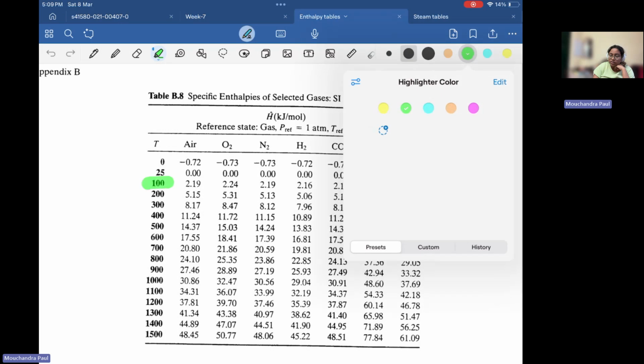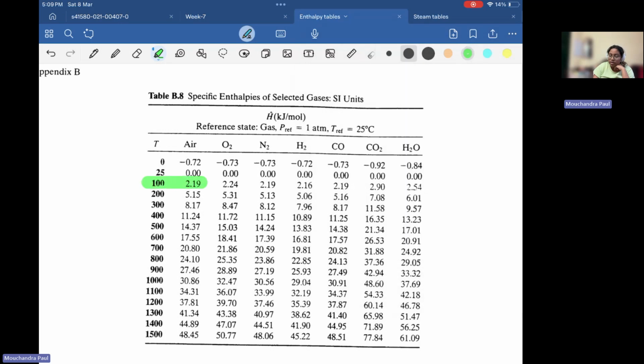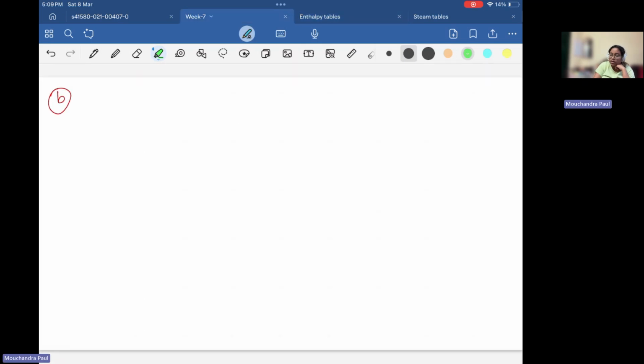So we need the enthalpy at temperature 100 degrees Celsius and at 430, means in between 400 and 500. Okay, so if we use linear interpolation, we can find the enthalpy at 430 degrees Celsius.